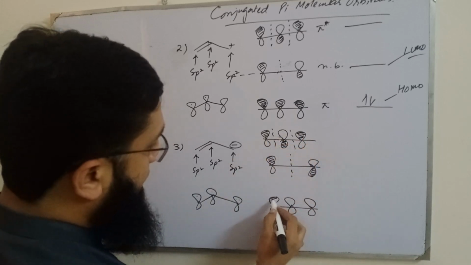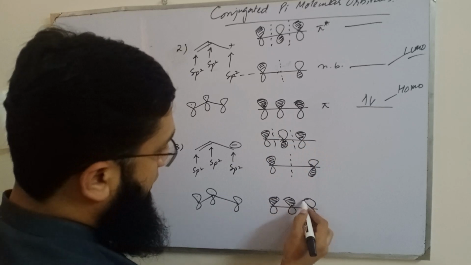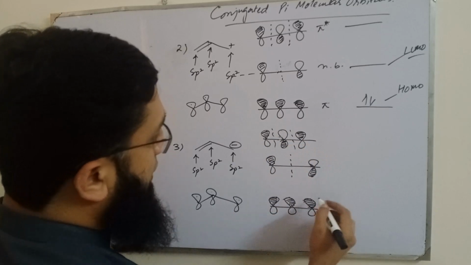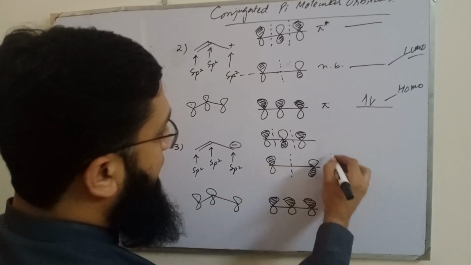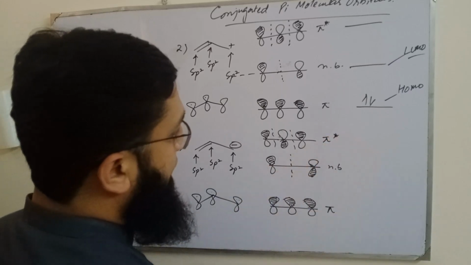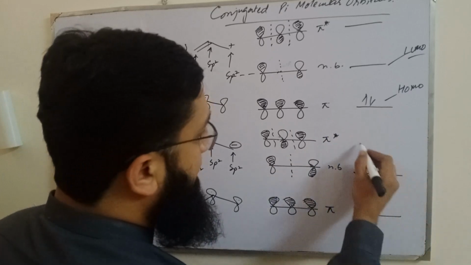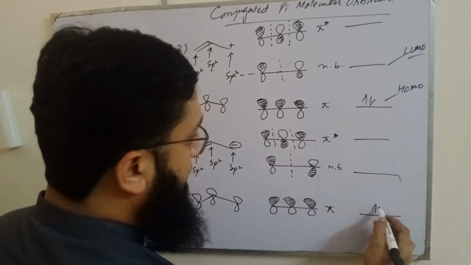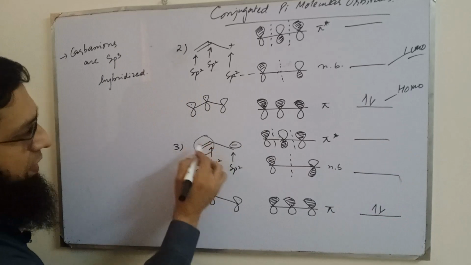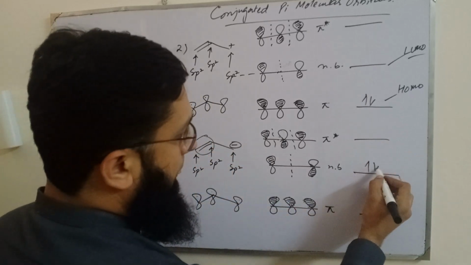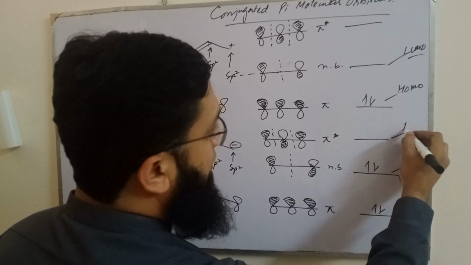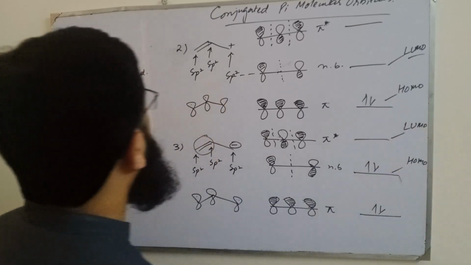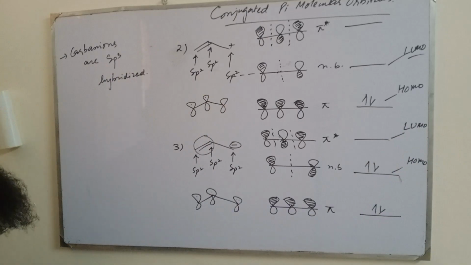Here 2 nodes, and here 0 nodes. Again pi, these are non-bonding, anti-bonding. And in the electron diagram, we have 2 electrons here and 2 here. So this is now HOMO, and this is LUMO. So I hope this is clear to you.